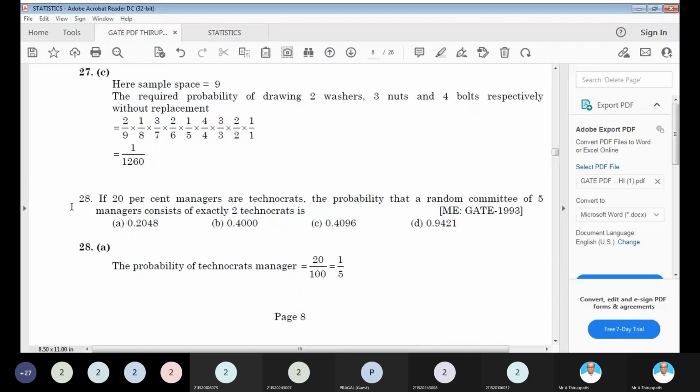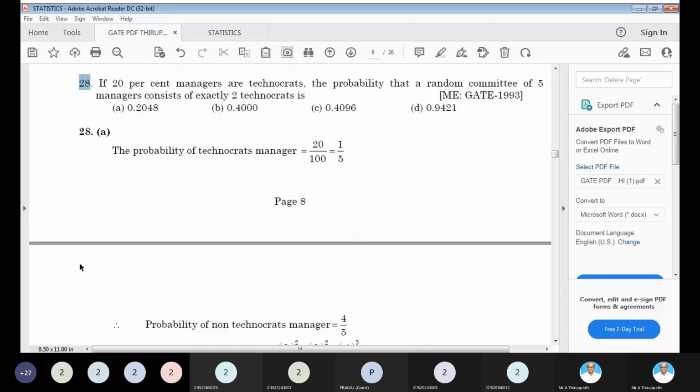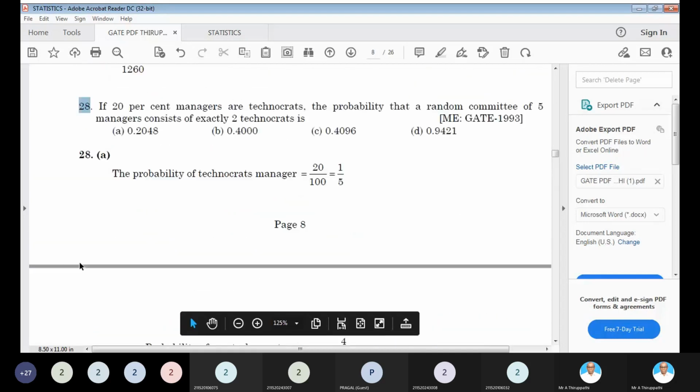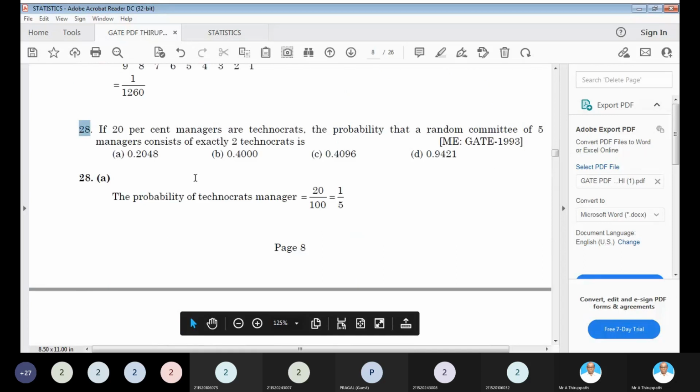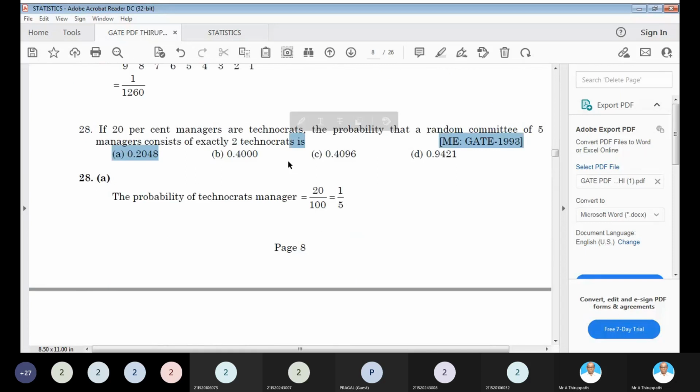If 20% of managers are technocrats, what is the problem? Yes, you can use the binomial distribution. A random committee of 5 managers consists of exactly 2 technocrats. What is the probability of success?